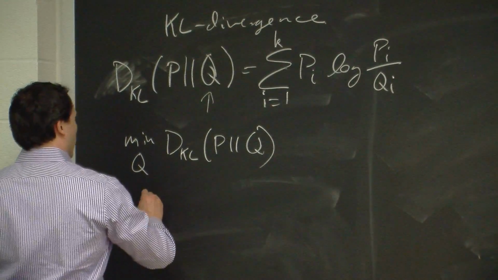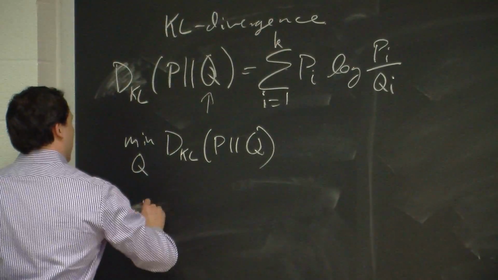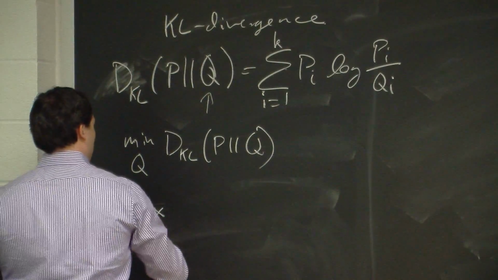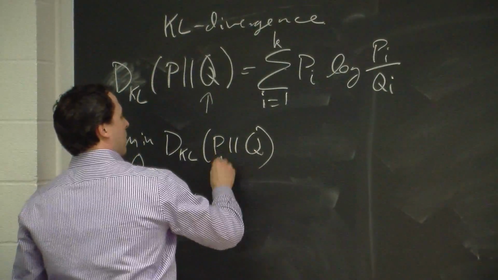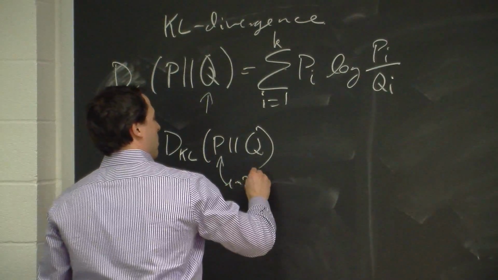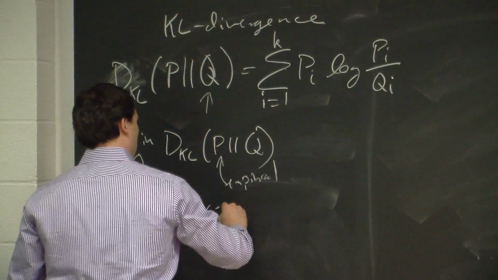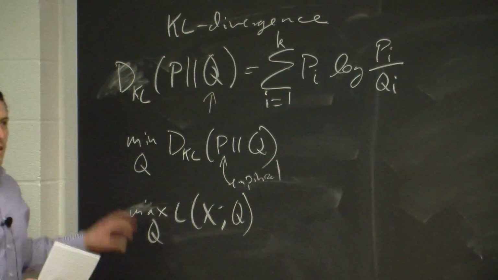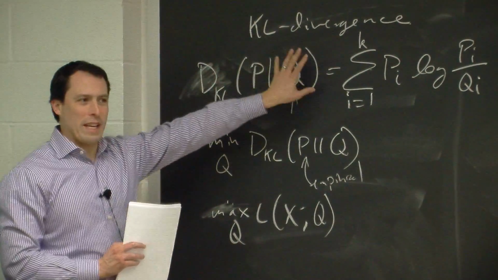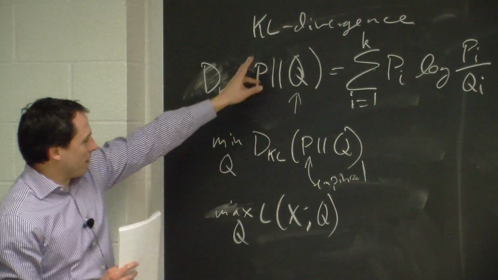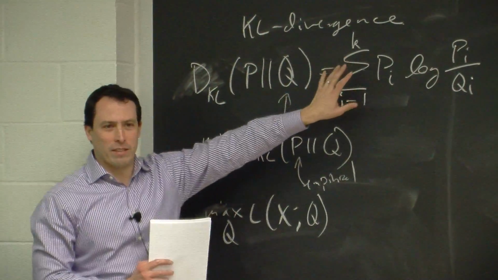And the other problem of maximizing likelihood, maximize over Q, L(x), so this is the empirical Q. Turns out these are the same problem. So you can do a little calculus if you want, and take some derivatives and convince yourself that that's true.